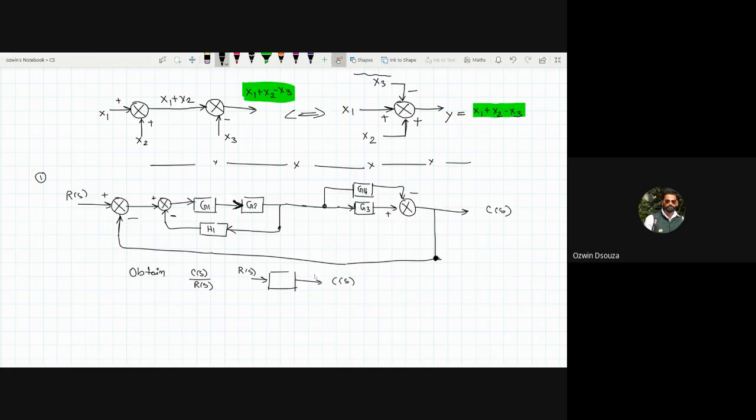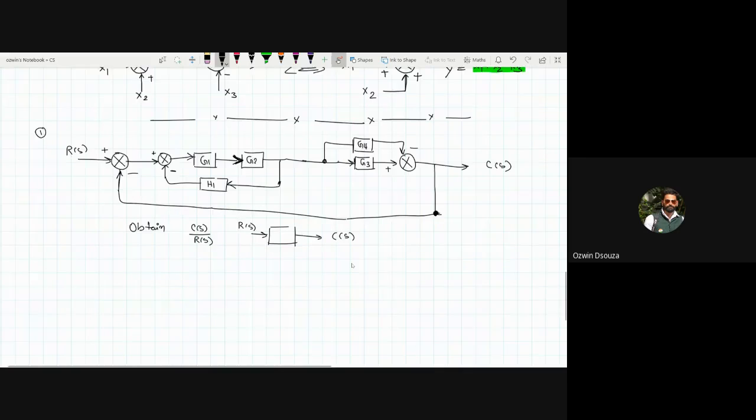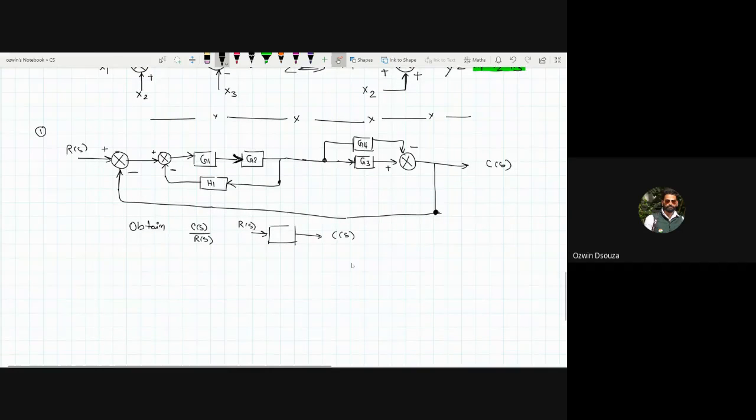So how are you going to solve? Always remember one thing: whenever you apply the block diagram reduction rule, try to keep it simple. This is the general set of steps to be followed while solving a block diagram reduction problem.